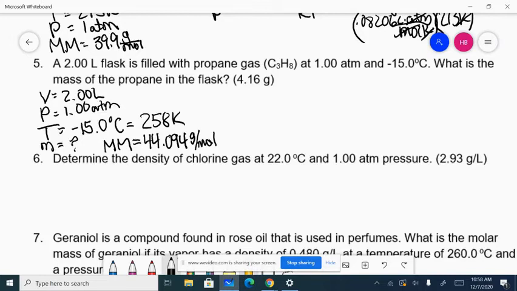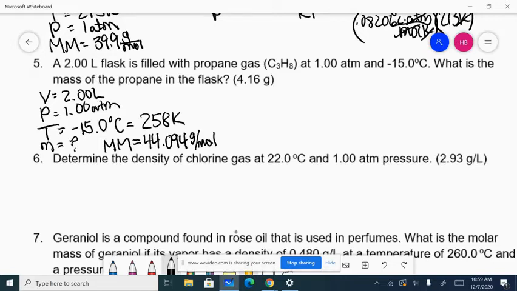There's a couple ways that you can solve this to get the mass. Once you have the molar mass, you can get grams by multiplying by the number of moles. So you can do PV equals nRT, solve for n, and then change moles to grams using the molar mass.